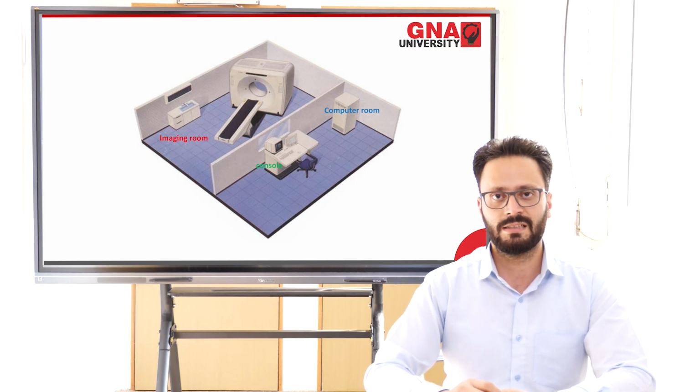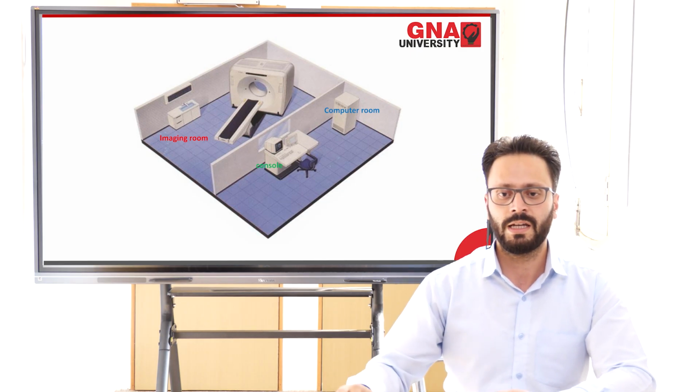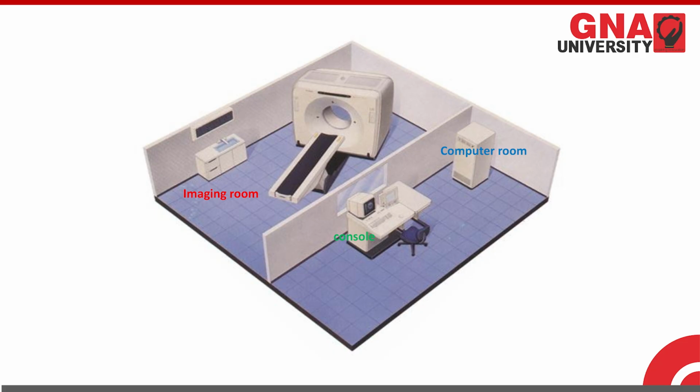Now, this is a general layout of a CT room. In a CT room, you will find radiation protection rules by which we cover all the walls according to the guidelines of AERB and ICRP. There you will find two major rooms. One is the imaging room, where the gantry as well as the patient table are placed. Next is the console room, from where we operate the CT machine.